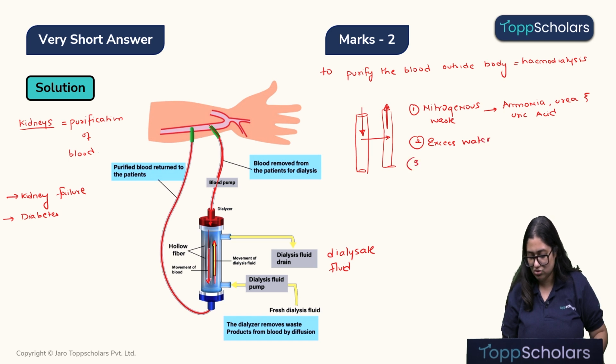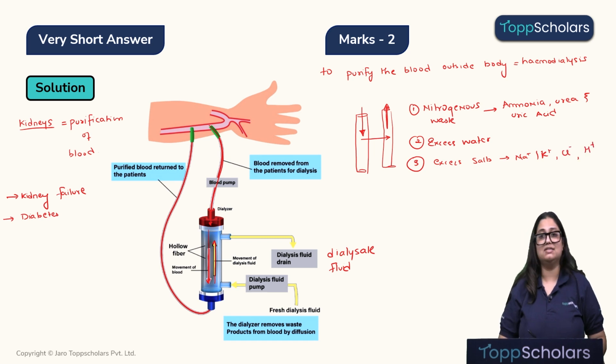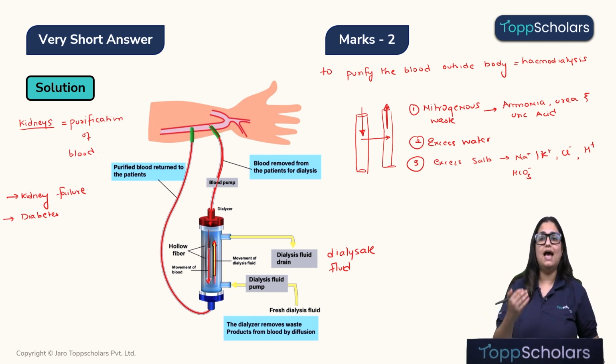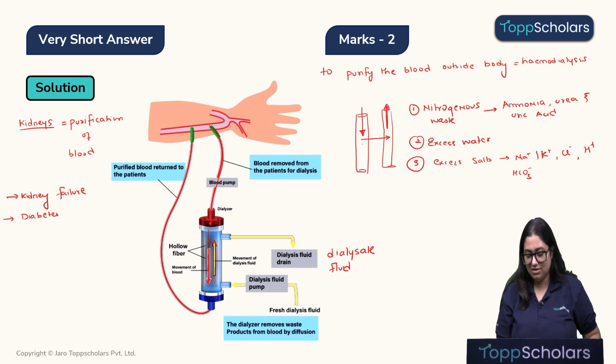and excess salts or ions, that is sodium ions or potassium ions or chloride ions or H plus ions, even bicarbonate ions. All the excess water, excess ions, salts and nitrogenous waste are removed from the blood.